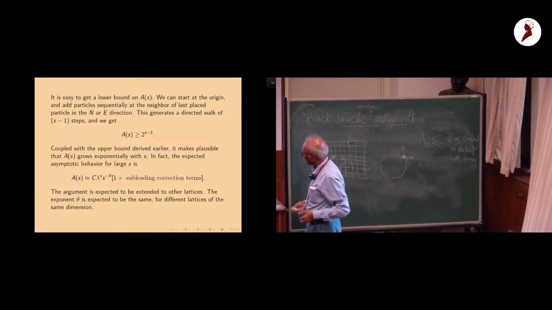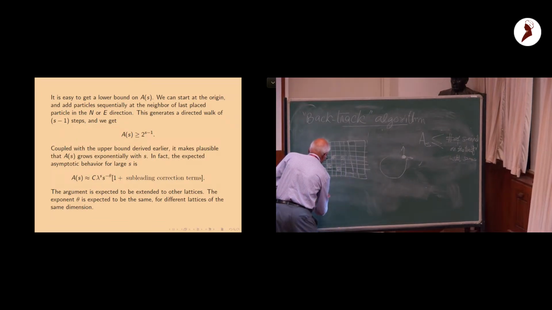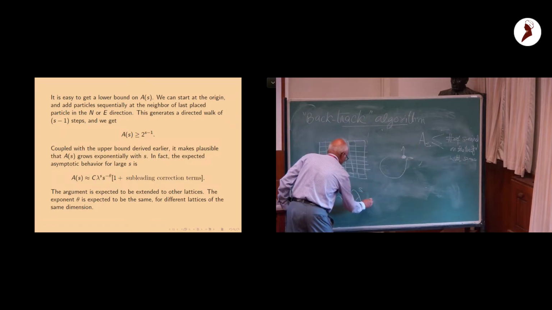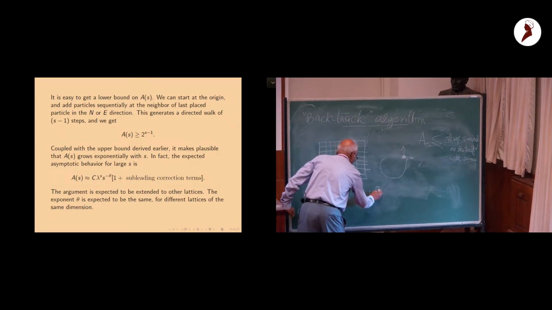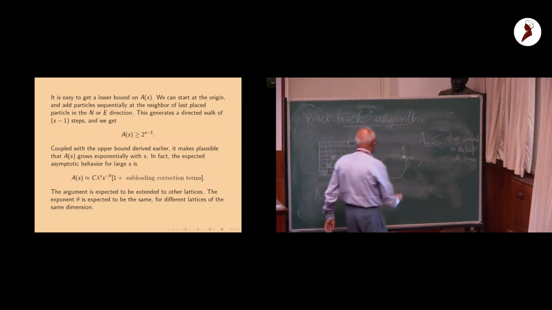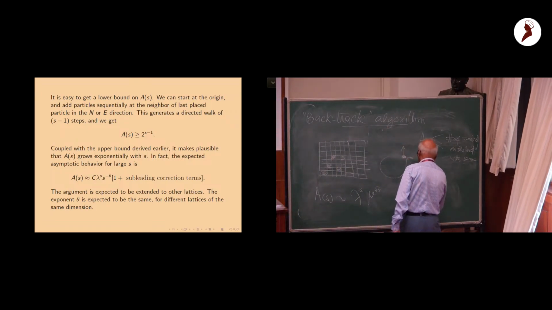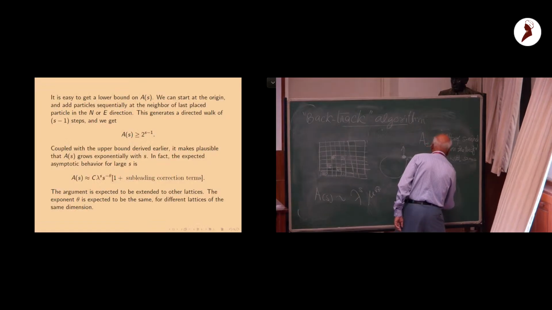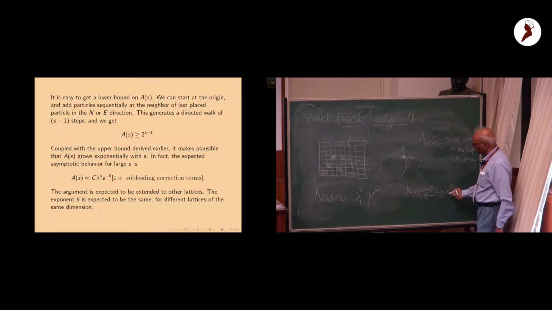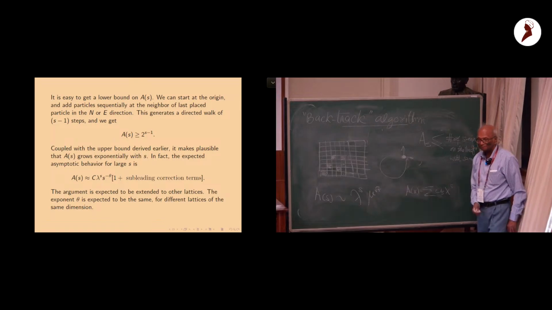But if you had AS growing like lambda to the power s, mu to the power root s, okay, then you calculate A of x equal to summation AS x to the power s. This converges for x less than 1 by lambda.